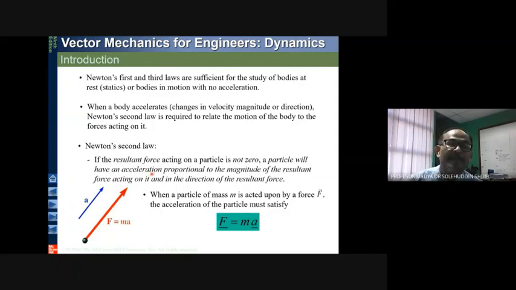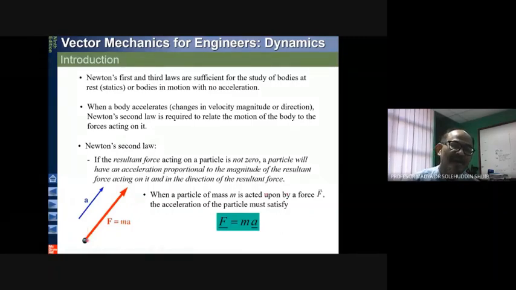If the resultant force acting on the particle is not zero, this resultant force can be the summation of forces. The particle will have an acceleration proportional to the magnitude of the resultant force acting on it, and in the direction of the resultant force.